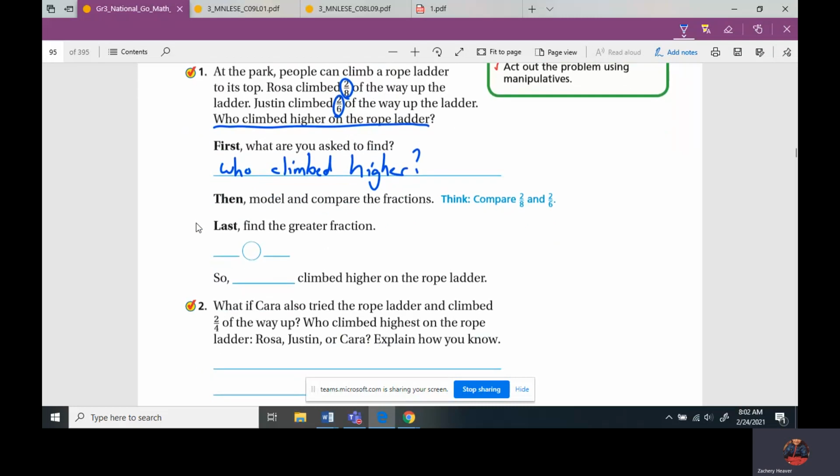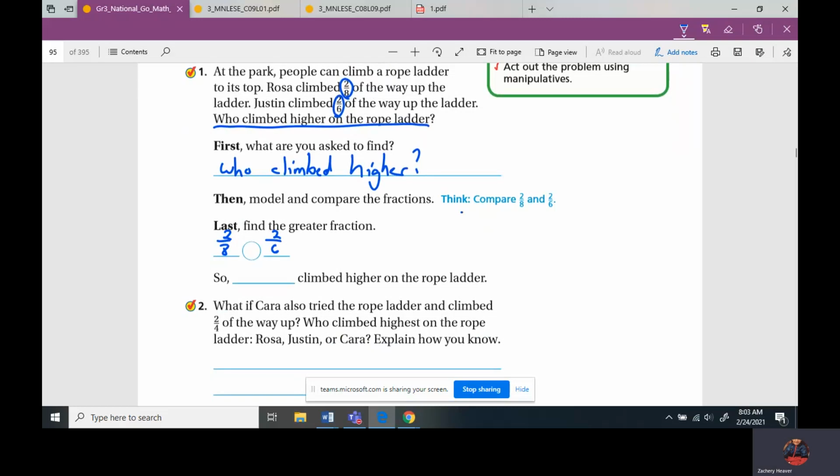Now, we look at it. This is the same numerator, not the same denominator, and this is where it's a little bit harder. We need to look at 2/8 and 2/6. Our denominators are different, but our numerator is the same. So the pieces are going to be different sizes.